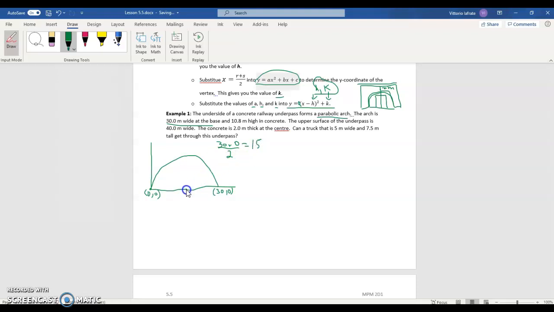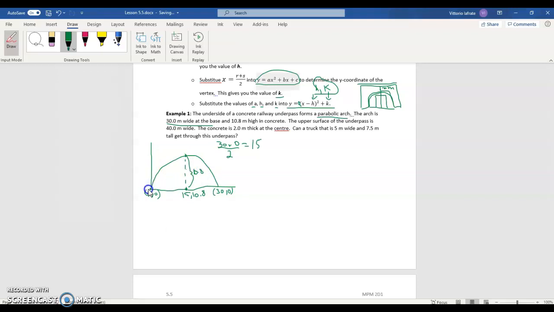So at about here, 15, you have your highest point for the arch, and it's going to be 10.8. I'm just going to draw that up here. This part here is 10.8. So here we've drawn the arch part.